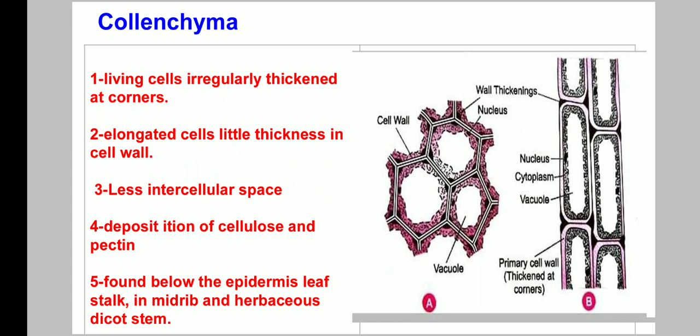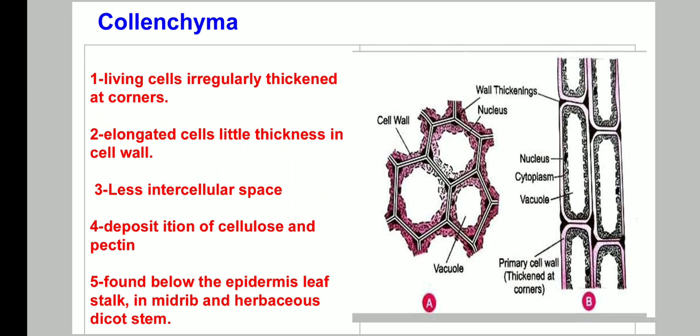Less intercellular space is present in this type of tissue, and the deposition is of cellulose and pectin. These two substances are deposited in the cell wall of the collenchymatous cells. They are found below the epidermis, in the leaf stalk, in midribs and in herbaceous dicot stems.